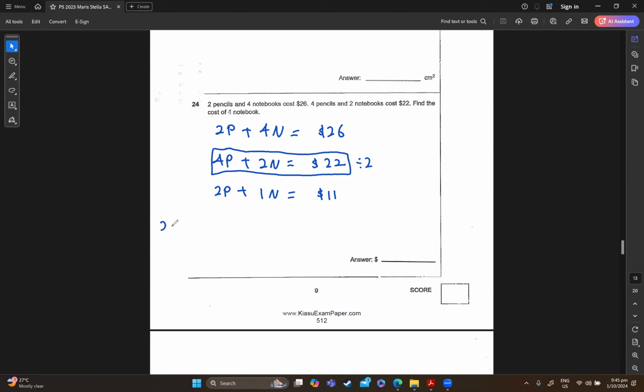So on the side, let me show you: 2 pencils plus 4 notebooks goes to $26. 2 pencils plus 1 notebook is $11. So if you do a subtraction, these two will cancel each other out. You're just left with 3 notebooks. It's 26 minus 11, which is $15. So 1 notebook is just 15 divided by 3, which is $5. So the answer is $5.